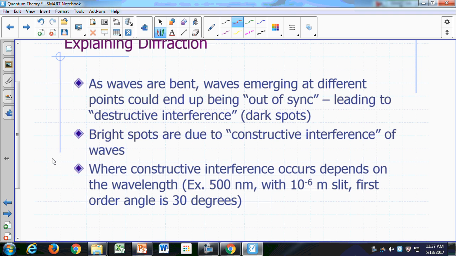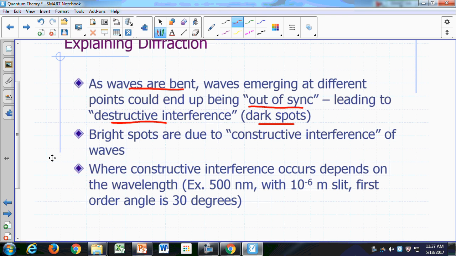One thing to know is that when waves are bent, they emerge at different points. The waves that emerge at different points could end up being out of sync with each other. When they end up being out of sync, we say they have destructive interference, and that would lead to dark spots.